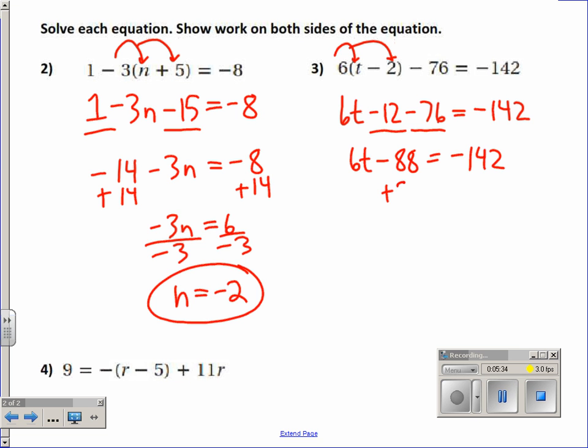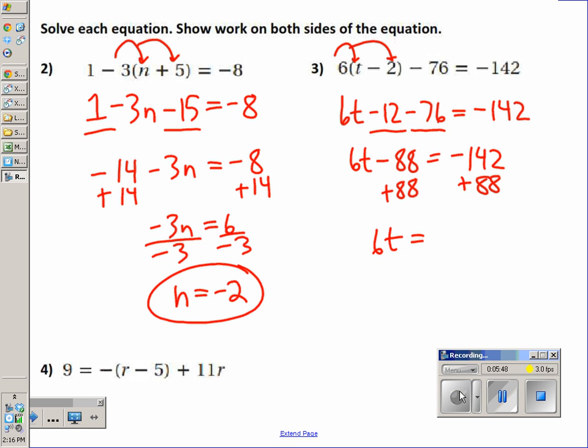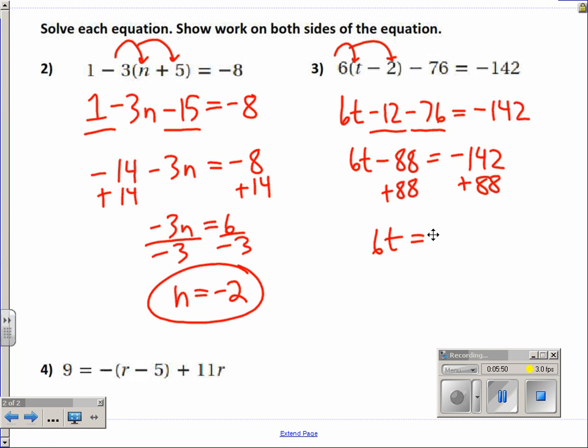We're going to add 88 to each side. So we'd be left with 6t equals 60, I believe. No, that doesn't make sense. All right, that's going to end up being -54, I believe. Divide each side by 6. We're left with t equals -9.